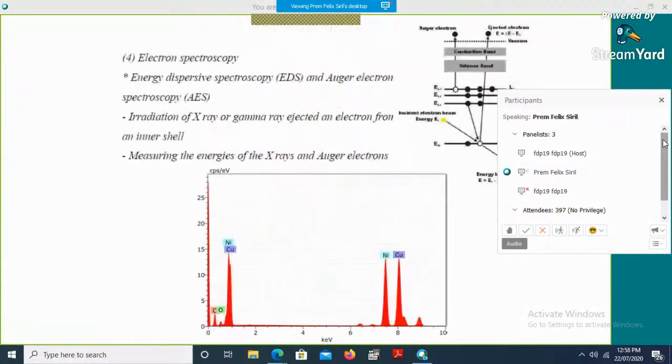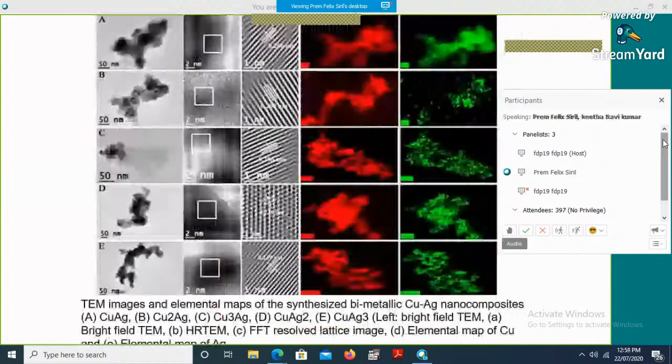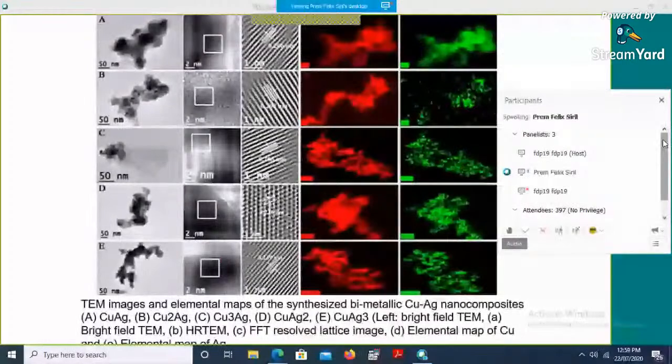Apart from imaging, you can do electron spectroscopy. When your material has multiple elements, in this case copper and silver, where exactly silver is present can be identified by using EDS mapping.